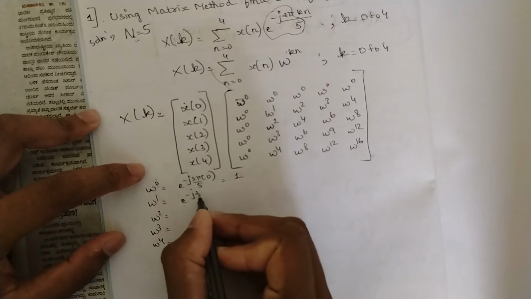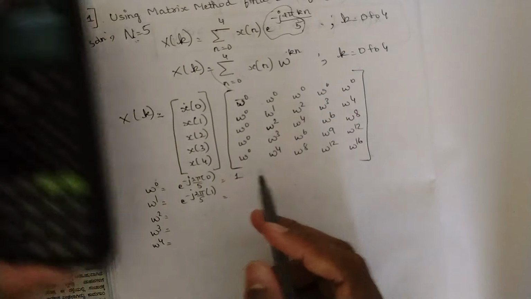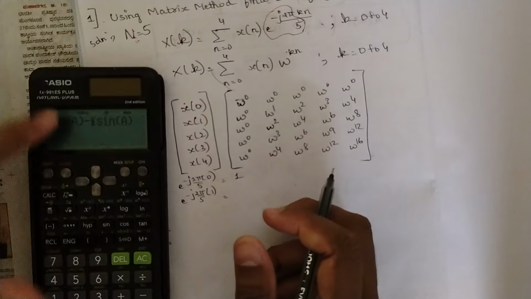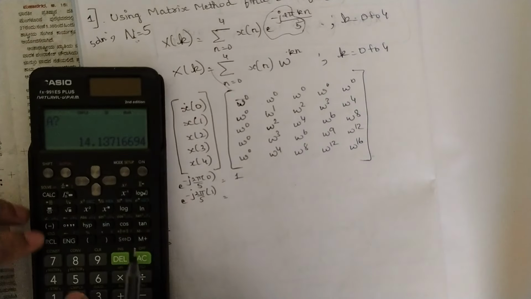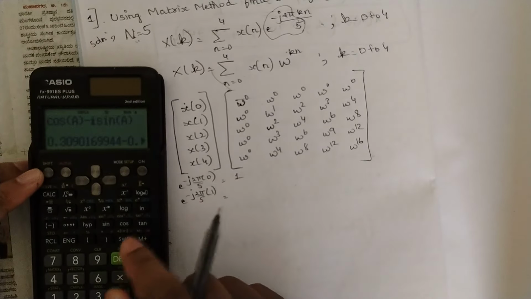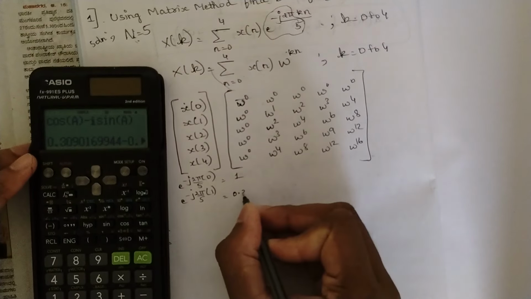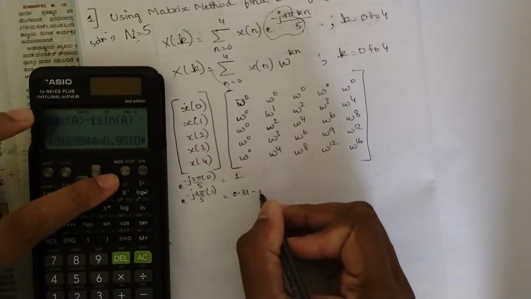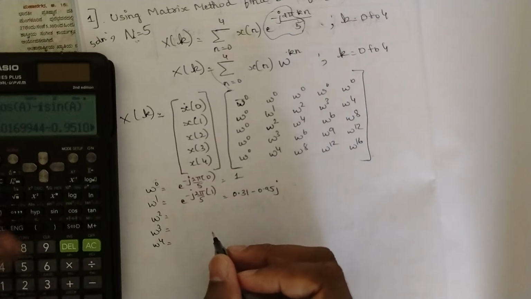For w1, e power minus j 2 pi by 5 into 1, you should be putting that in the calculator. In place of theta we have 2 pi by 5. I have already written the equation. Press calc, it will ask for the value of theta, 2 pi by 5, and that is equal to 0.31 minus 0.95 j.